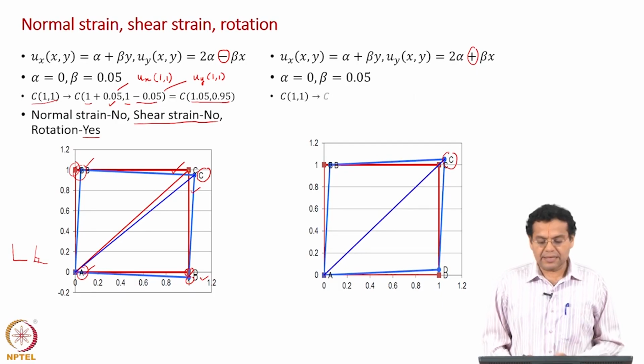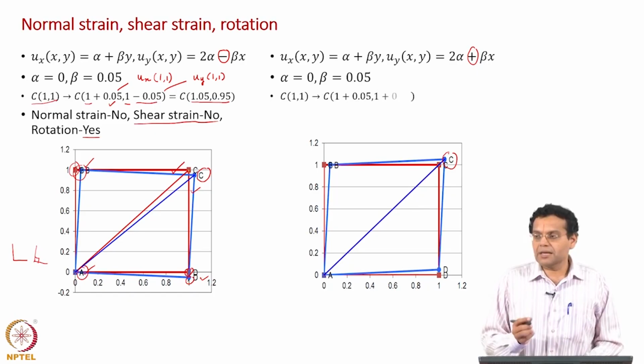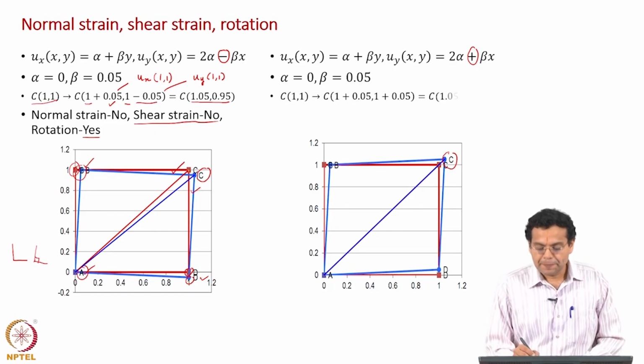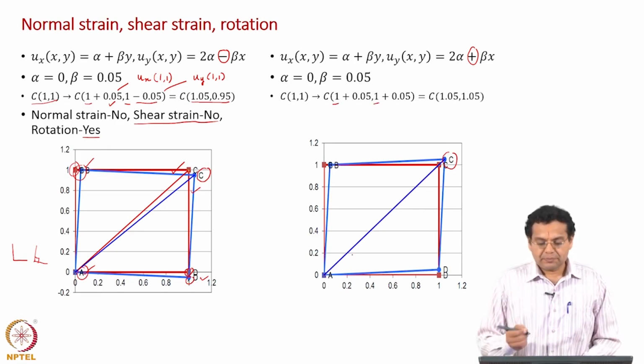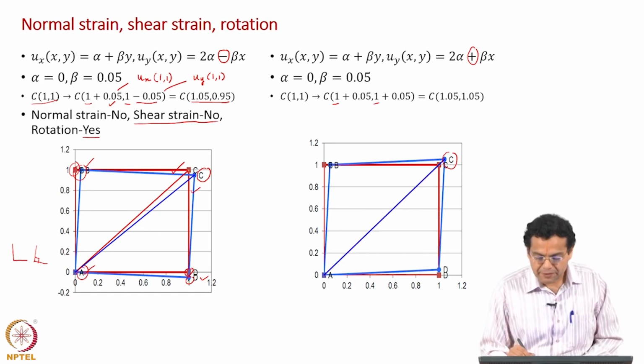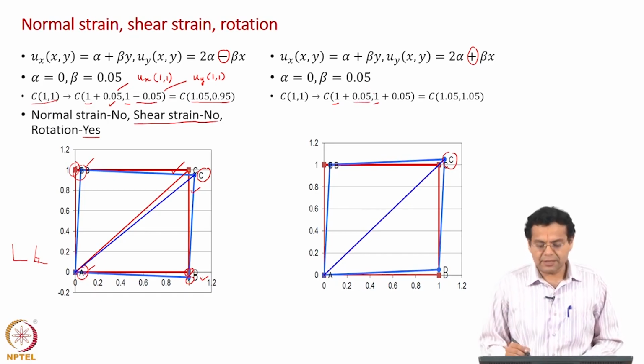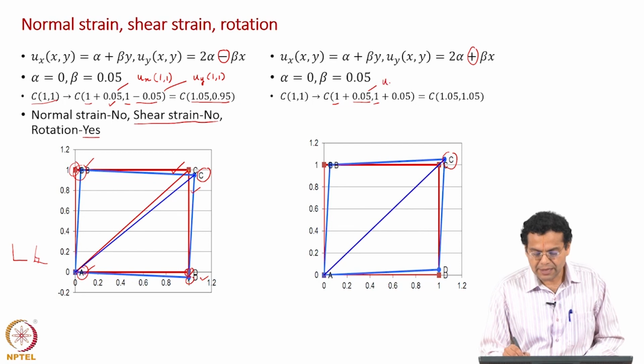Same like last time, 1 comma 1 is the old coordinate. To that you add the displacement. The displacement along x direction is ux evaluated at 1 comma 1 and alpha 0, resulting in beta, which is 0.05, same as last time. So, this represents ux at 1 comma 1.